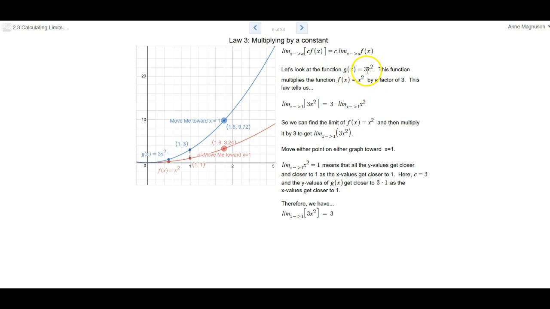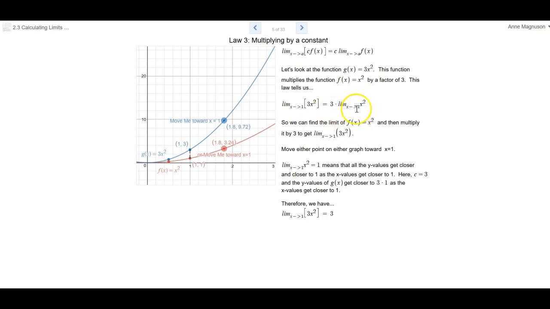If we look at g of x equals 3x squared, what this law is telling us is if we take the limit as x approaches 1 of this function, we can just pull that 3 out and look at the limit of the simpler function as x approaches 1 of x squared. Well, like we saw from the previous slide, the limit as x approaches 1 of x squared is just 1.